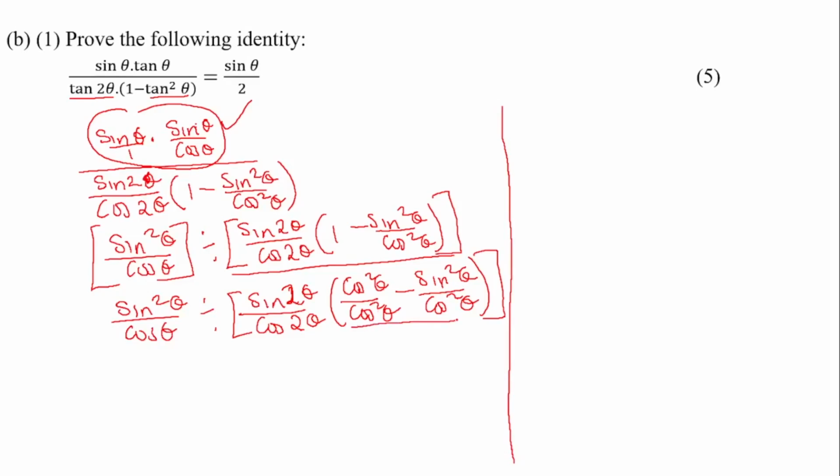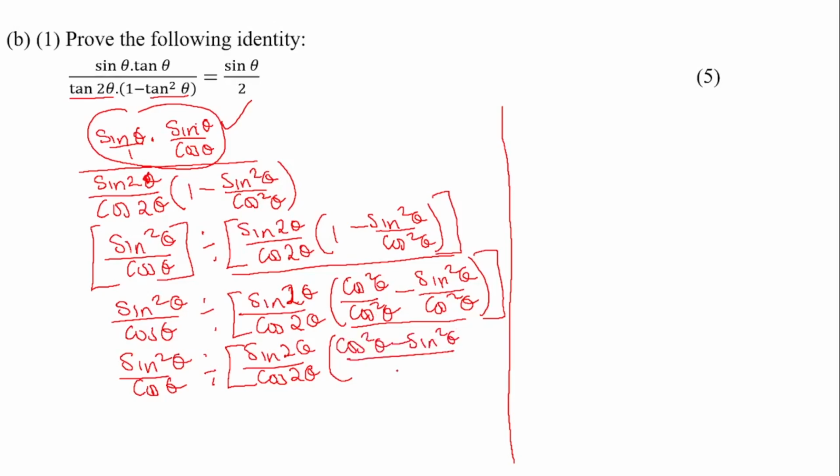So we can further simplify this, so it becomes sine squared theta over cos theta divided by, then sine 2 theta over cos 2 theta, then times what? Now the denominators are the same, we can subtract the numerator, that is cos squared theta minus sine squared theta, all this over cos squared theta, right?